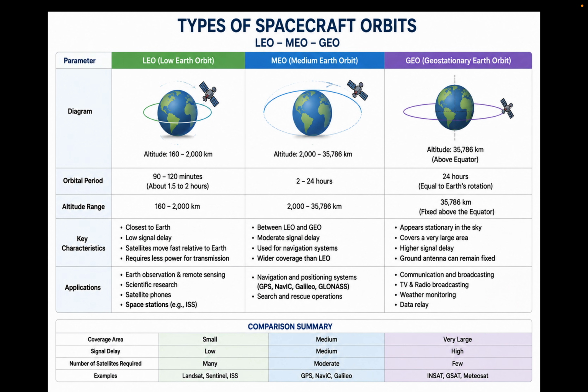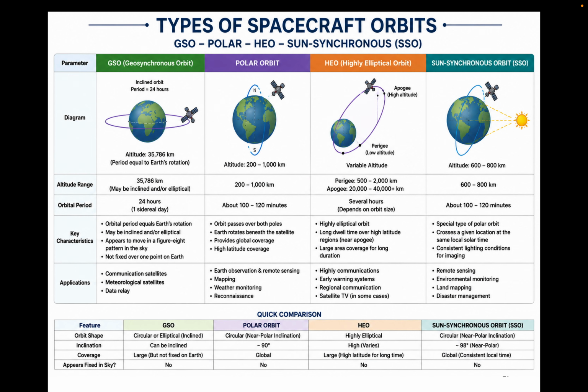And mostly these satellites are used for communication, TV and radio broadcasting, and weather monitoring. So these are some of the applications we have in geostationary orbits.